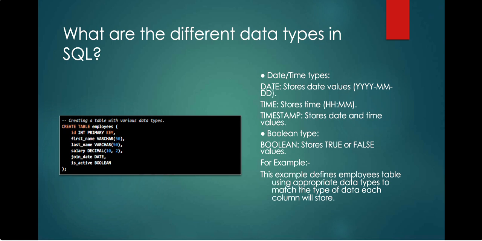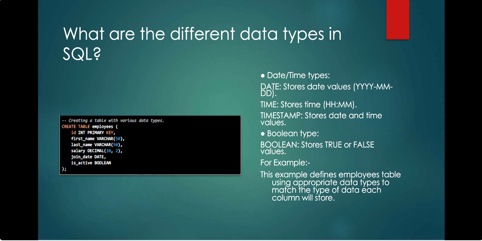Apart from these, SQL also supports special types like XML and increasingly even JSON, especially in modern relational databases. There are also constructed types like array for storing a sequence of values, and row types that act like records or structures within a table. So when you should use which data type depends on the use case you are working on.